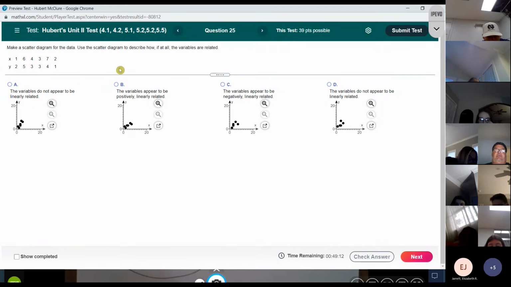Somebody type it in, do a scatter plot, and let me know which one it looks like.